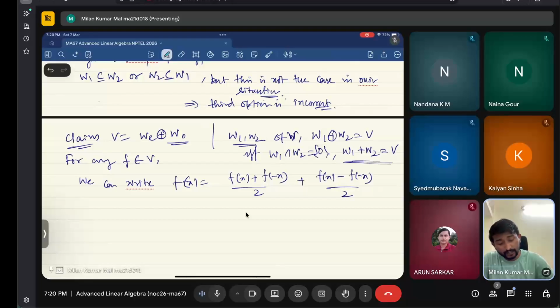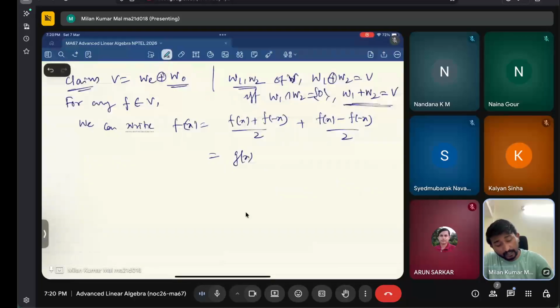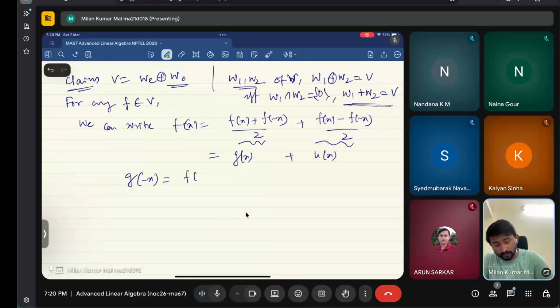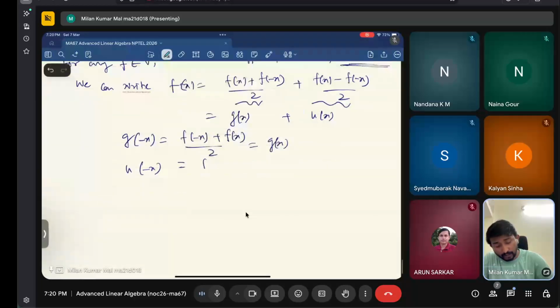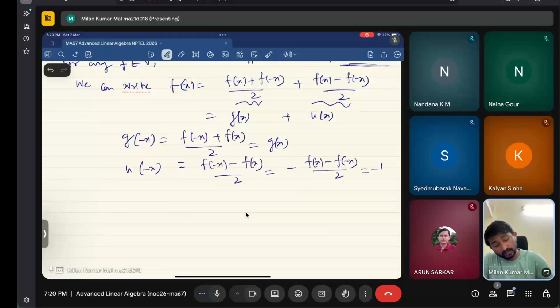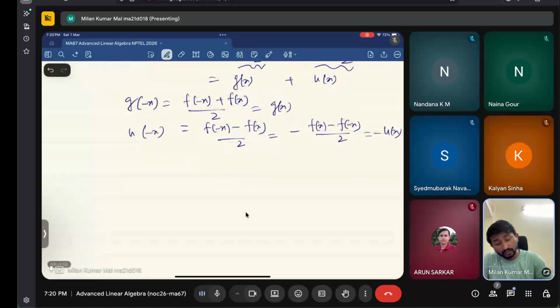Note that if I write the first as g(x) and the second as h(x), then g(-x) = (f(-x) + f(x))/2, which is again g(x), and h(-x) = (f(-x) - f(x))/2, which equals minus (f(x) - f(-x))/2, that is, minus h(x).